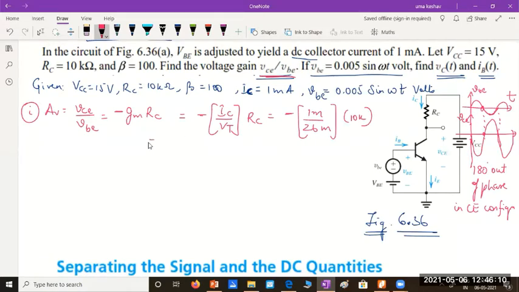How much would this value turn out to be? The gain is approximately 384.61.